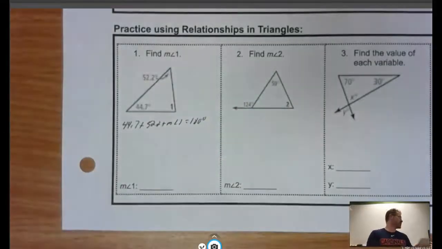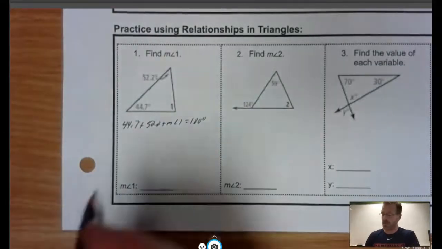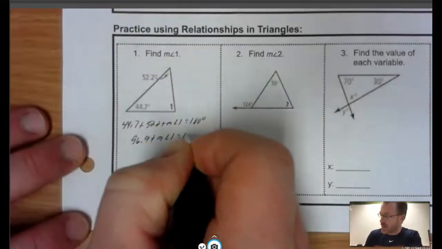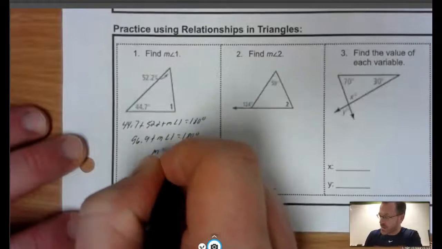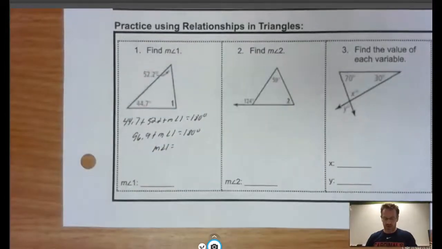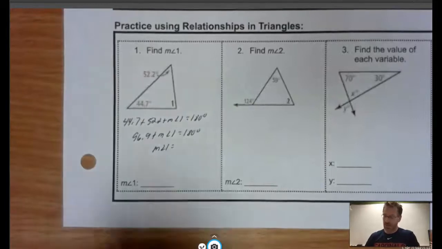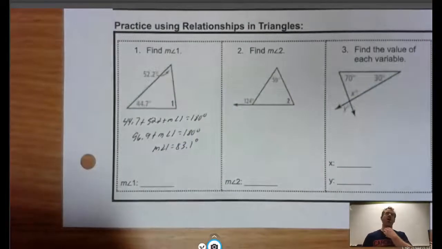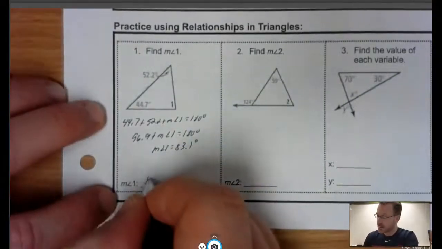Adding those together gives 96.9 plus the measure of angle 1 equals 180 degrees. Subtracting, 180 minus 96.9 is 83.1 degrees. So there's our measure of angle 1.